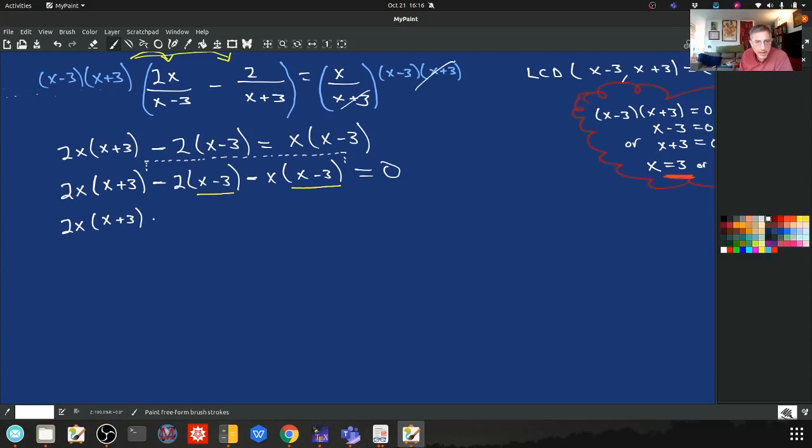But here I have a plus x minus 3. And when I factor it out of these terms, I get a minus 2 minus x. And that's going to be equal to 0.